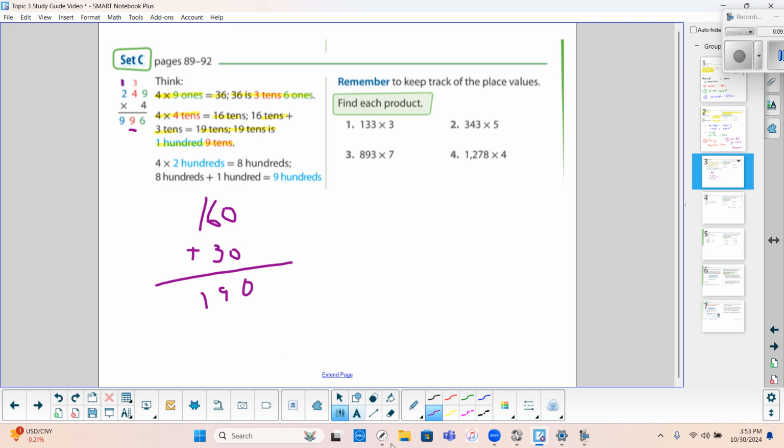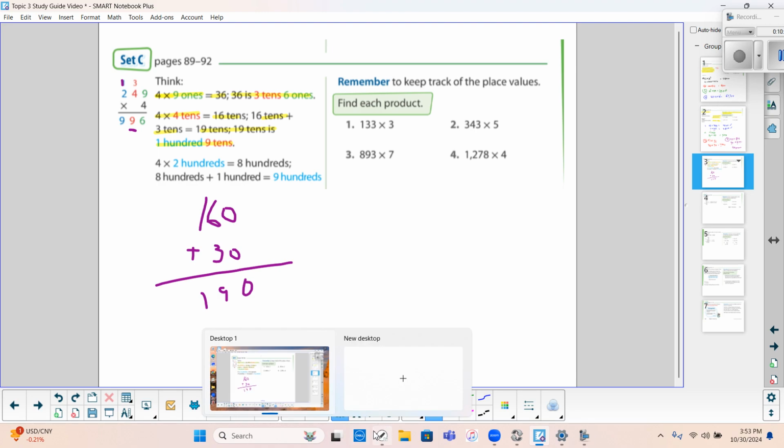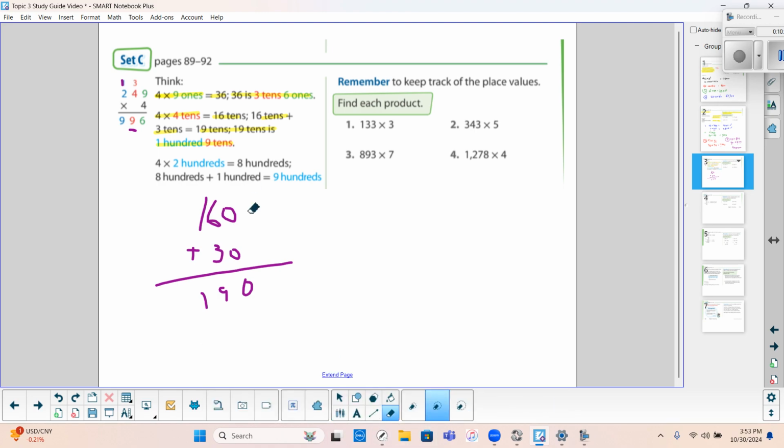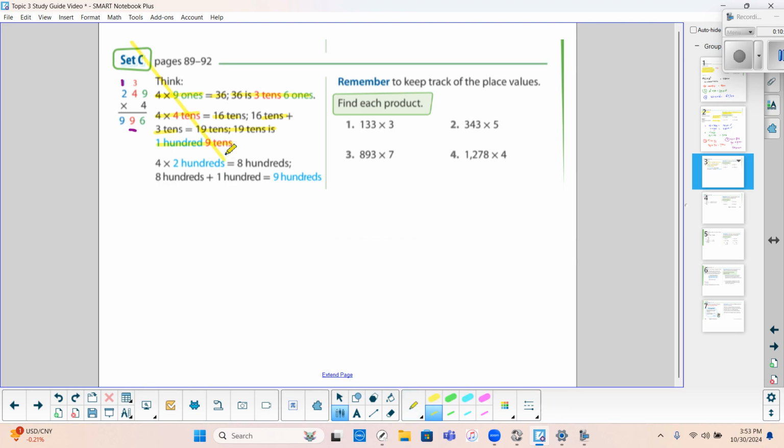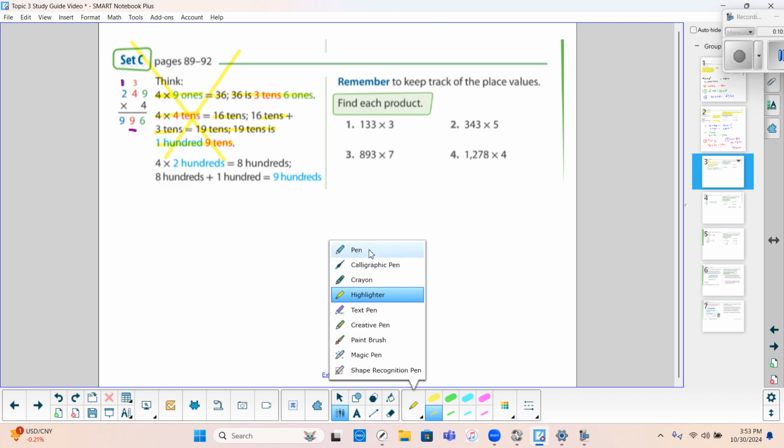I personally think that keeping track of this is more complicated than it needs to be. So I'm going to ignore this. I think it actually makes things more confusing. So I'm going to do it the traditional, tried and true method.